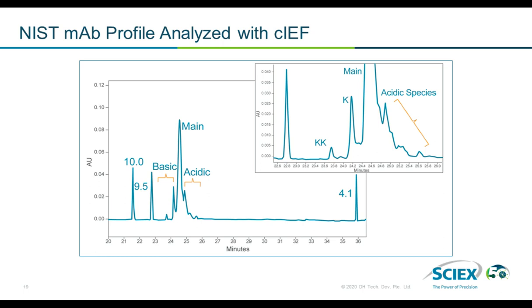So if we look at a profile that might result from that optimization work, it again is going to vary depending on the additives used, right? Depending on the ampholytes, amount of urea or other additives. So if we use a denaturant and a broad range ampholyte in this profile, we can see nice resolution of the basic variants, the C-terminal lysine basic variants, and some resolution of the acidic variants.